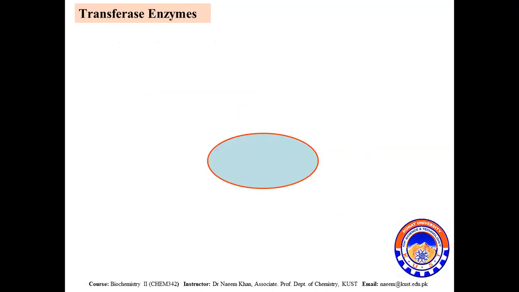Before that, in our last lecture, we discussed in detail the oxidoreductase enzymes. We know that these are the enzymes which catalyze oxidation reduction reactions, I mean redox reactions, which are very important in the metabolic pathways of living things.